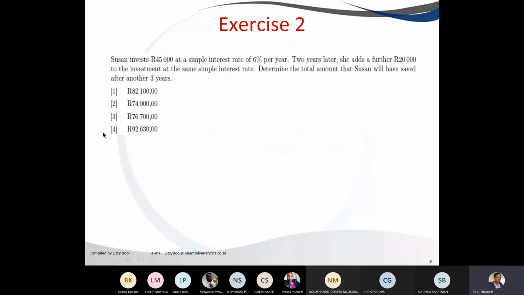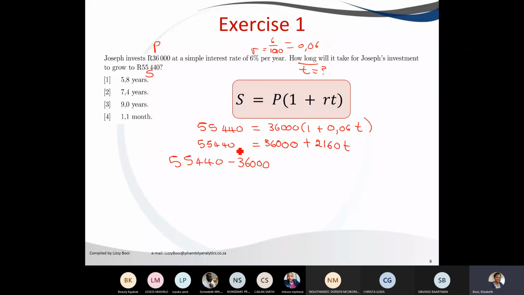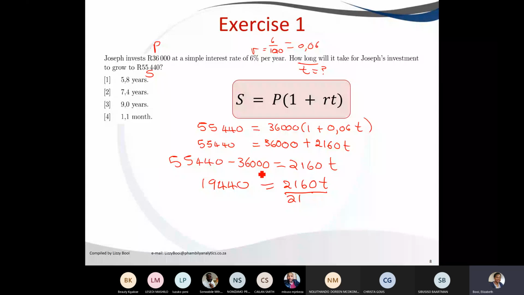So we'll have 55,440 minus 36,000 equals 2,160 T. 55,440 minus 36,000, we are left with 19,440 equals 2,160 T. Divide this side by 2,160.